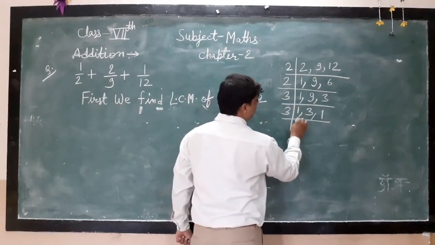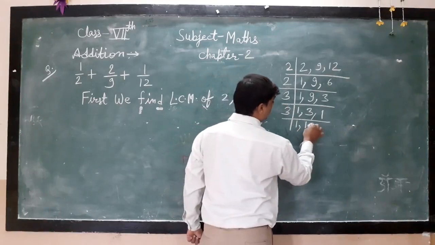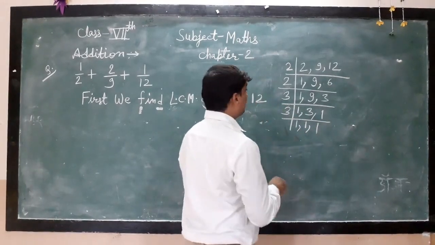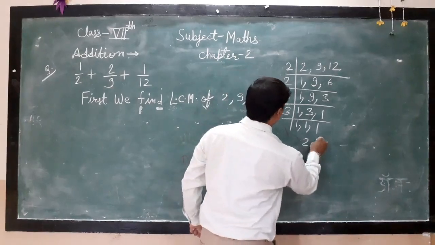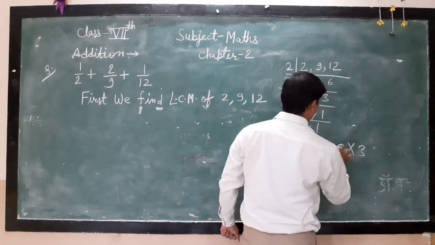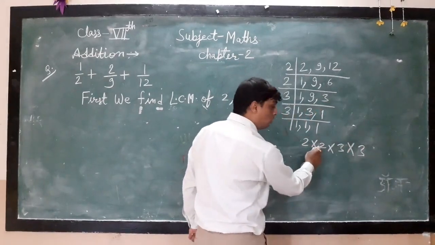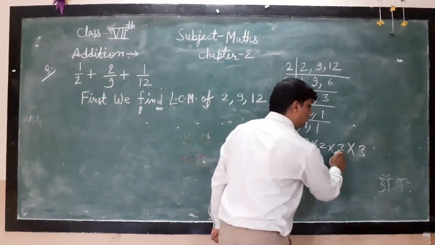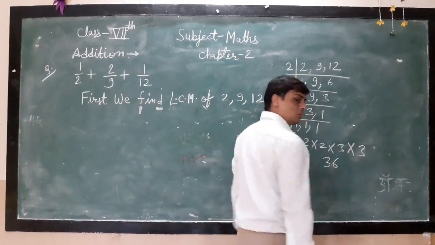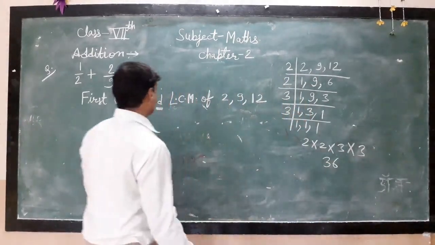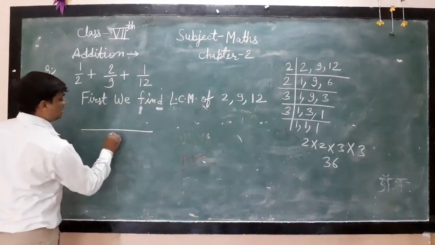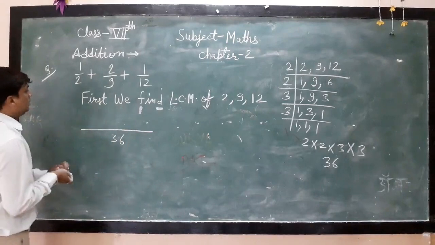Again 3, 1, 3, 1 as it is, 3 ones are 3, 1. Now the LCM is 2 multiply 2 multiply 3 multiply 3. 2 twos are 4, 4 threes are 12, 12 threes are 36. The LCM is 36.